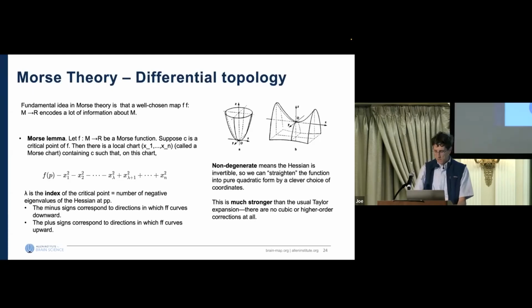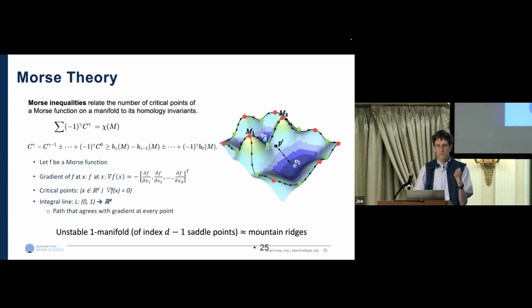And what's really cool is that Morse showed these critical points are very closely related to the Betti numbers of the manifold. If you don't know, I don't know if you've had a course in algebraic topology, the Betti numbers basically count holes of different dimensions in the data.